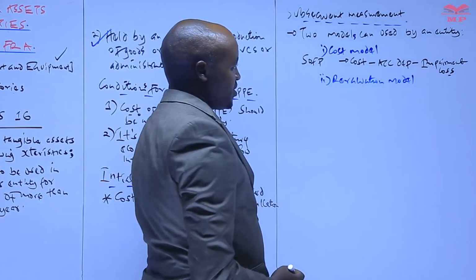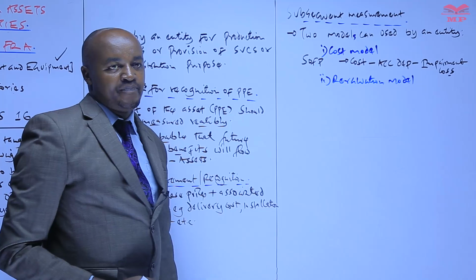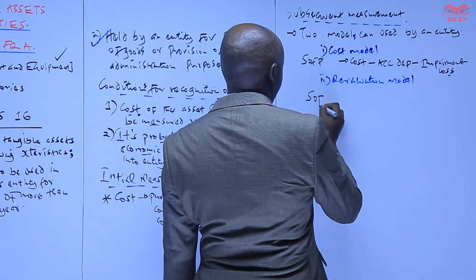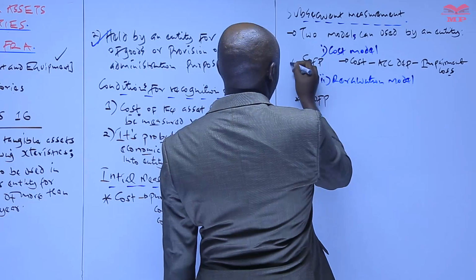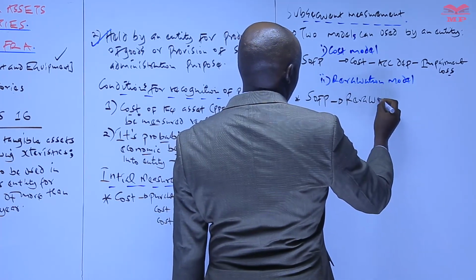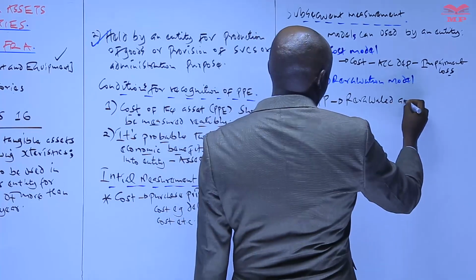And then under the other model, which is the revaluation model, the items of PP will be recorded in the company's statement of financial position at the revalued amount.